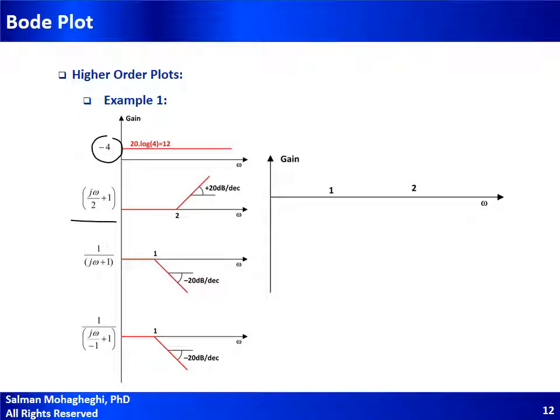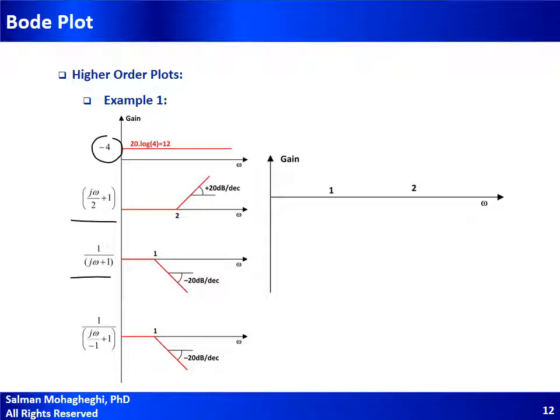And then it's going to be a straight line with a slope of 20 dB per decade for higher frequencies. The next term is going to be the pole that I have at -1. Here I would get a line with value of 0 for low frequencies, and then a line with a slope of -20 dB per decade for higher frequencies, anything more than 1.